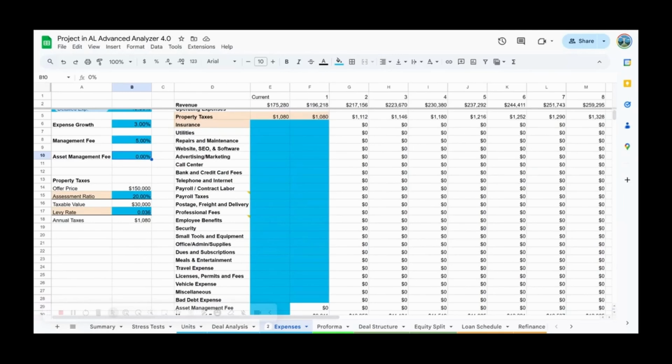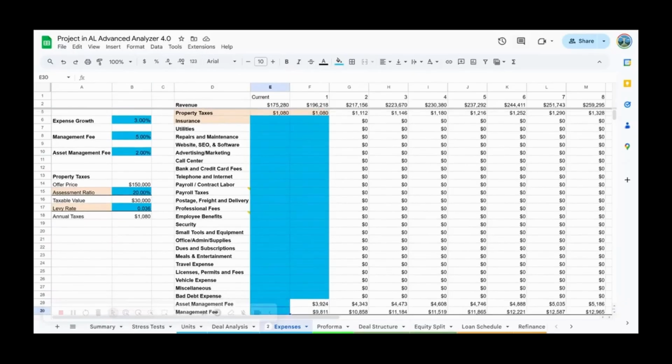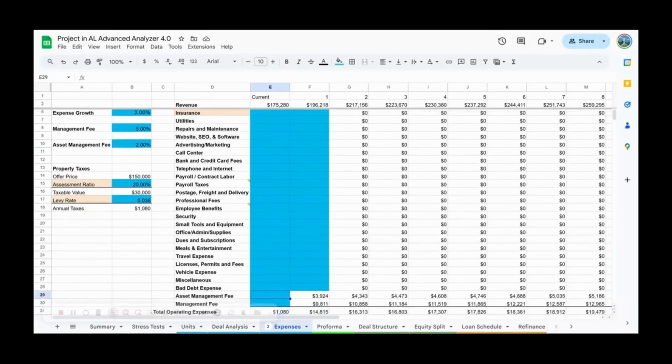So if we want, say, 2% for the asset management fee, we'll just put that in there. And you'll notice that it doesn't have anything for the asset management fee in the current year. So that will be the numbers they put in the OM if there is any.